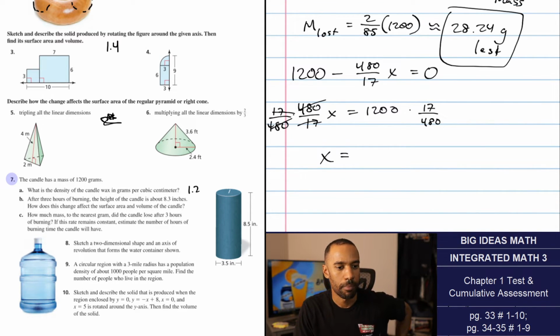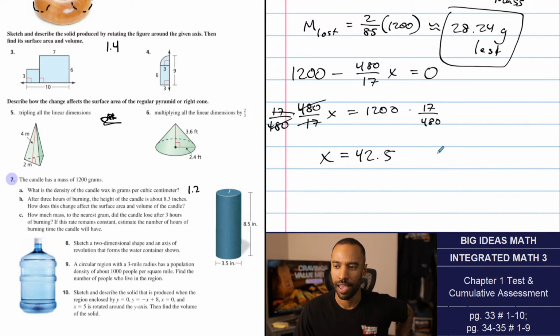Now, this number is the number of 3-hour increments that were done. That's not how many hours there were, but 1200 times 17 over 480 is 42.5. 42.5 3-hour increments.